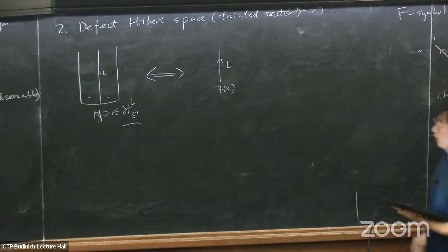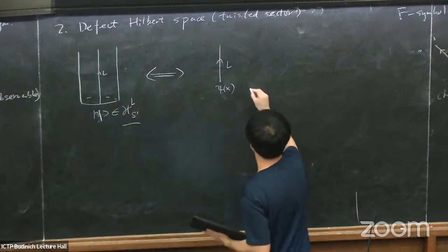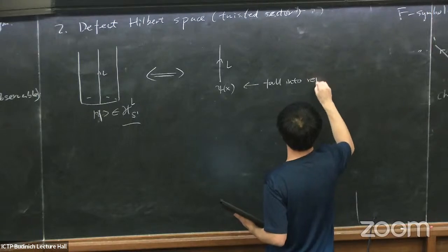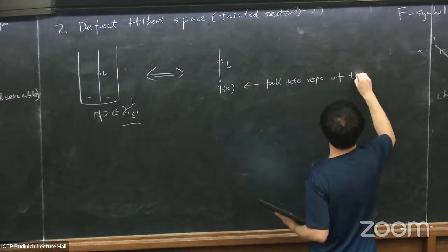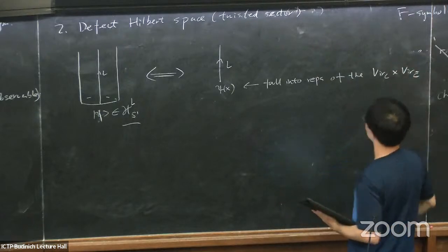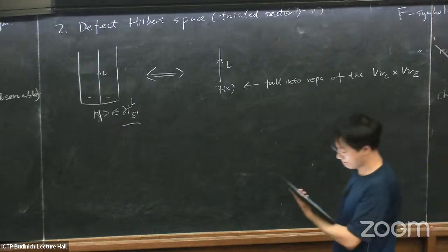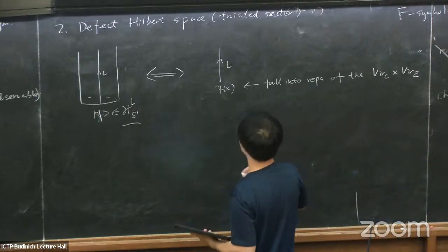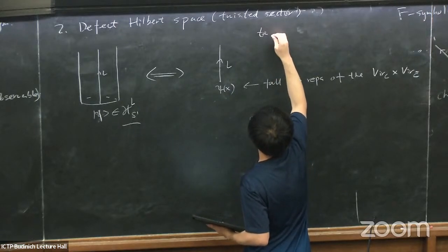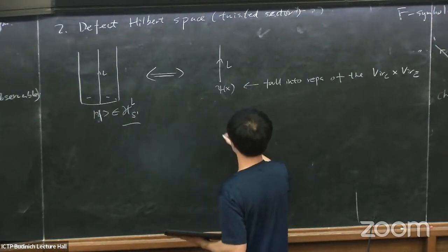Once again, because of the topological nature of these lines, this again falls into representations of the two copies of Virasoro symmetry. In particular, we'll assume the following condition, which is a physical assumption.